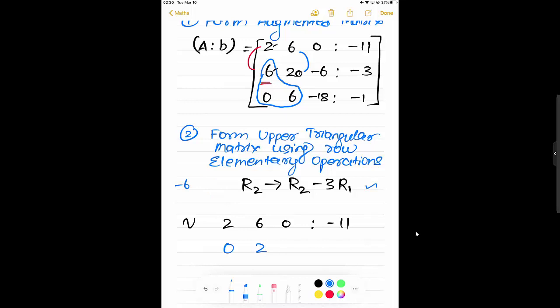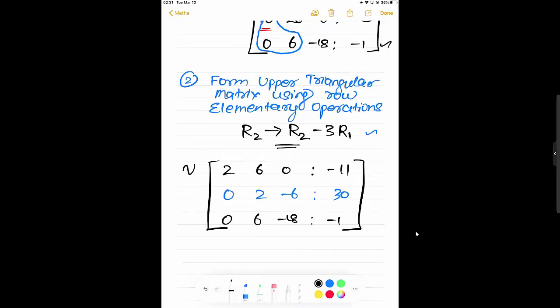Minus 6 minus 0, it will be minus 6. Then minus 3, these two values, minus 3 minus 3 into minus 11, it will be minus 3 plus 33, it is 30. We applied for second row, third row remains the same. The augmented matrix we got like this.